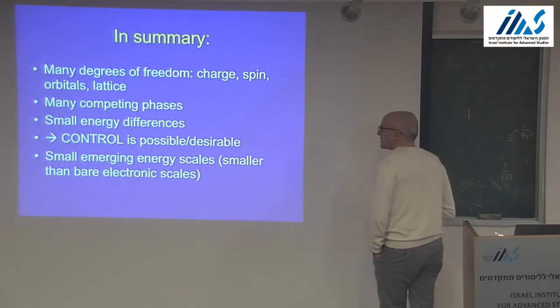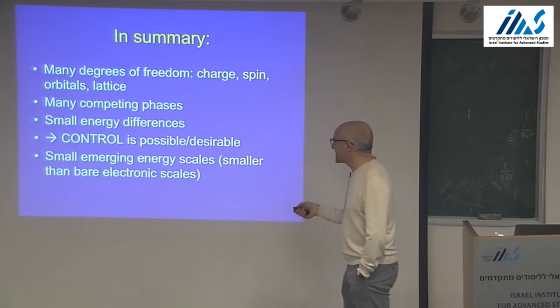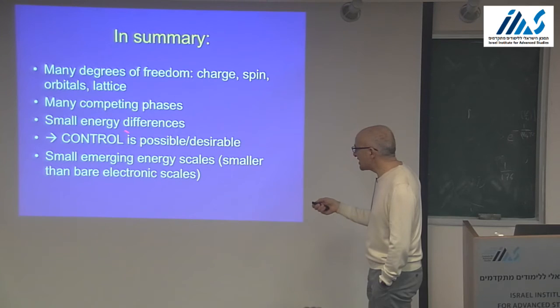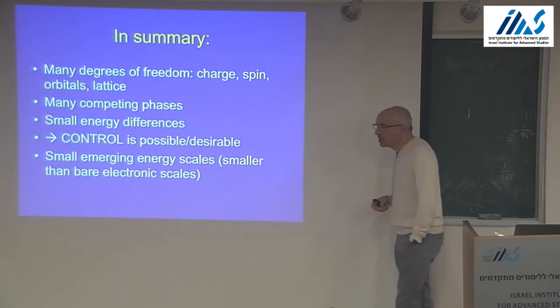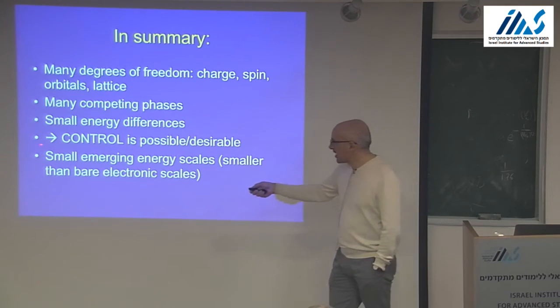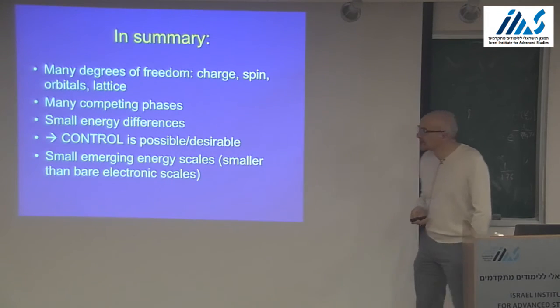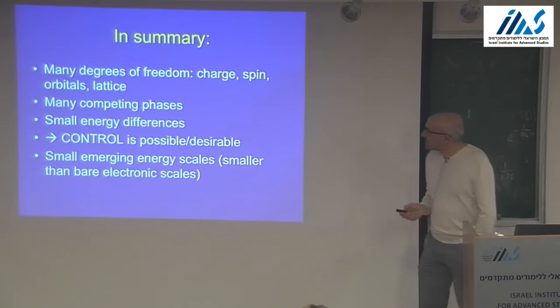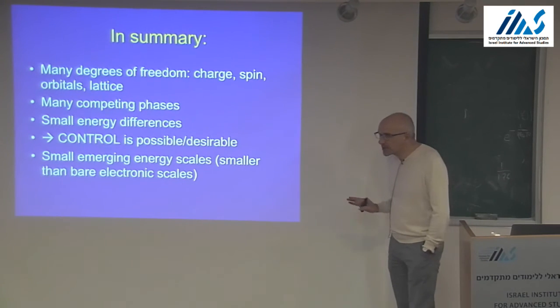These phases have small energy differences, and actually this leads to many different handles to control these phases. And all the complexity is due to the fact that there are small emerging energy scales.